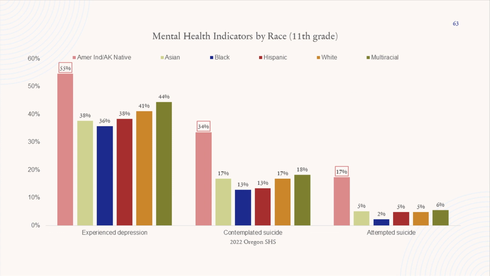So here's a closer look at the mental health indicators among 11th graders by race and ethnicity. We see that for each indicator, experiencing depression, suicidal ideation, or suicidal attempt, among 11th graders, American Indian, Alaska Natives report higher rates of mental health challenges as indicated by the pink bar.